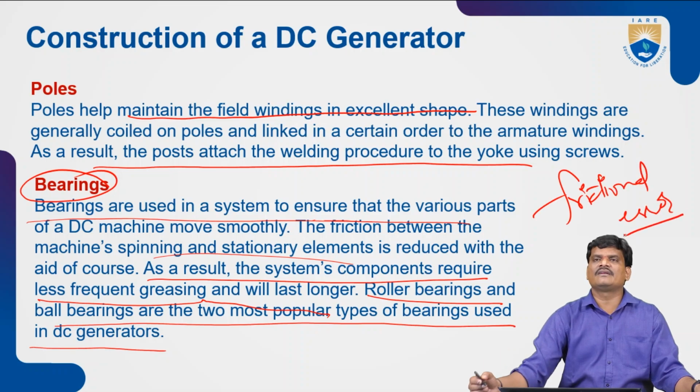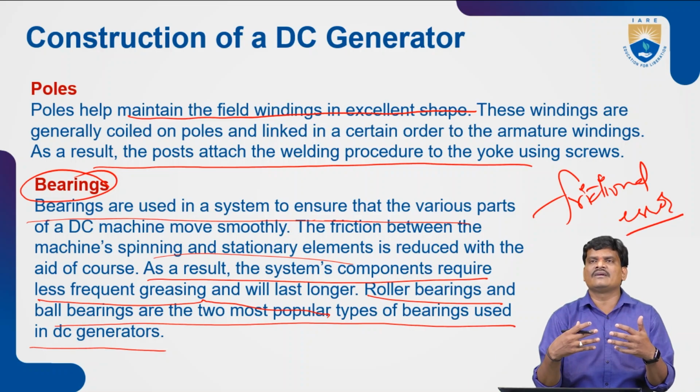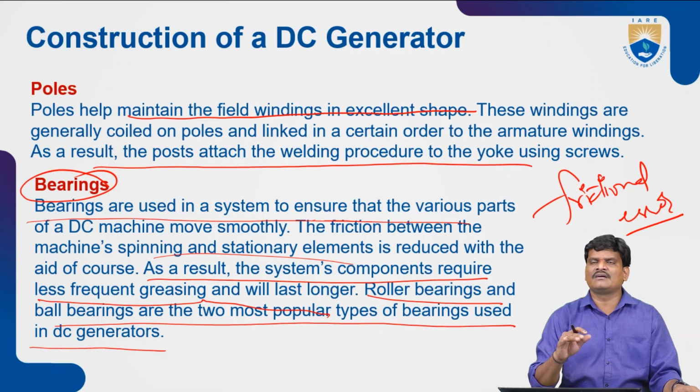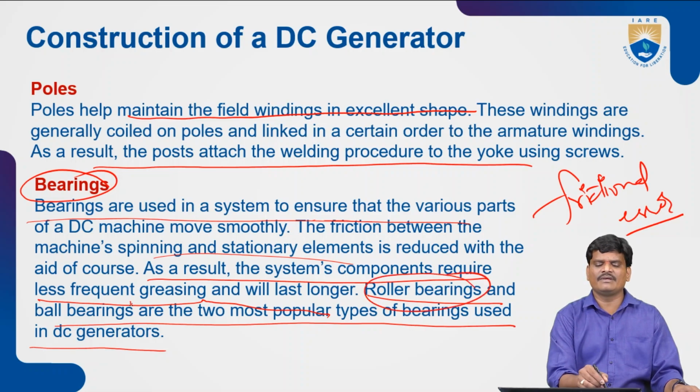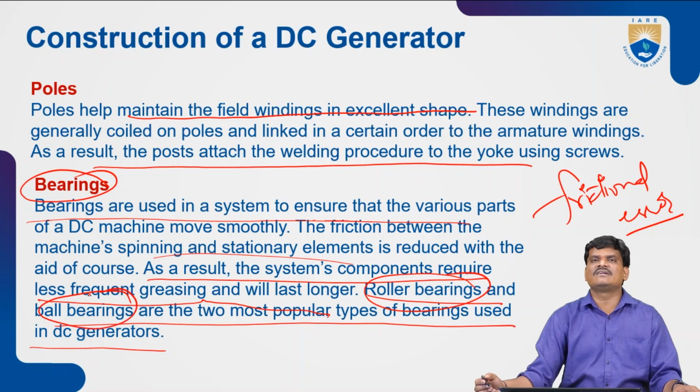So what is frictional error? Frictional error is the one which will be produced in a machine due to the rapidity that occurs in rotating objects. So we need to reduce that extent by placing grease in it, and by other means. And there are two different types of bearings that can be used in a DC generator: one is roller bearings, and the other is ball bearings.